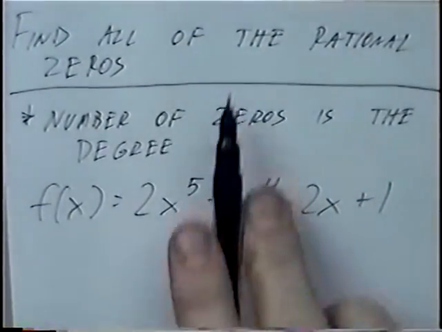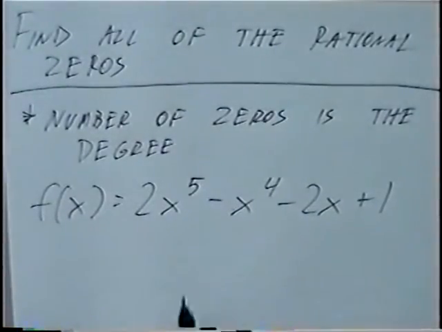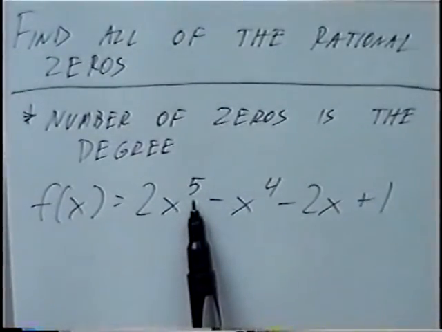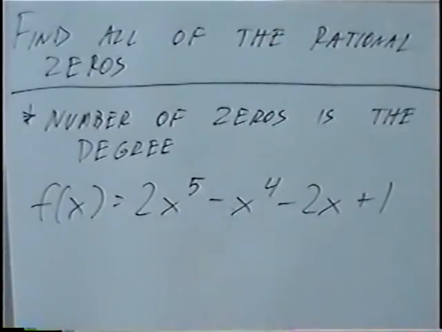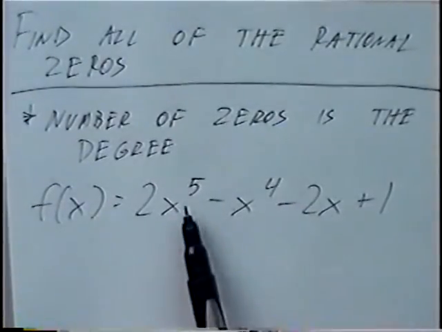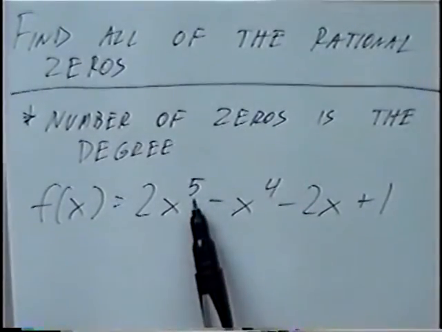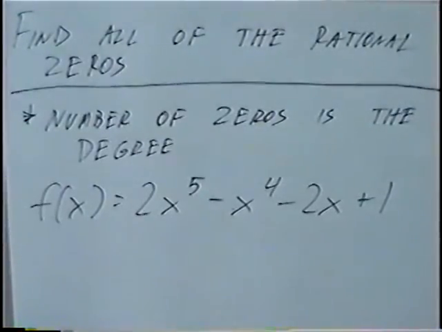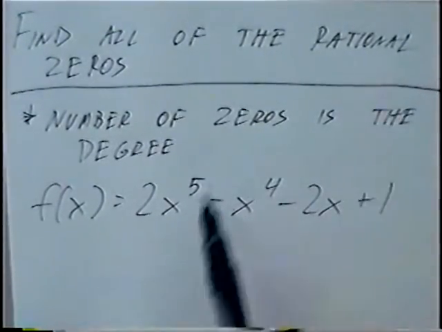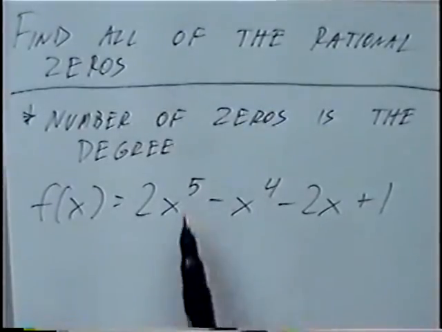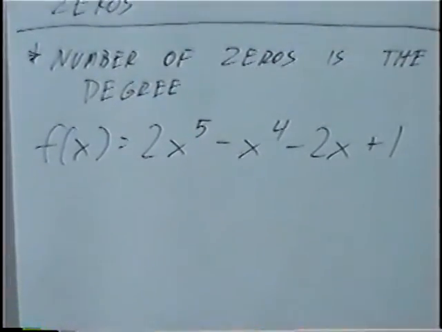Again, for this function, we'll find all these zeros. Looking at the degree, we have x to the 5th, so that means this function has a total number of 5 zeros. They could all be rational zeros, or some of them could be rational and some could be imaginary. But for this section, we'll find just the rational zeros, which could be up to 5 zeros.